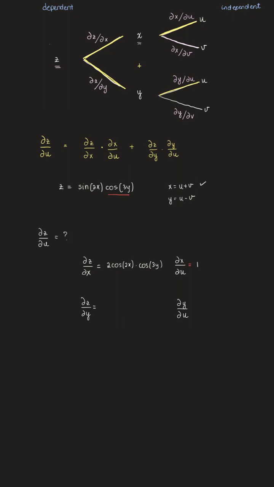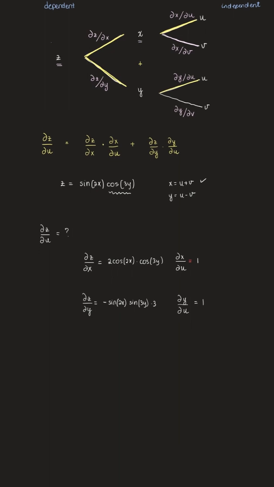Now we're holding x constant, and so we're going to have a negative sine 2x times sine 3y times 3. So we took the derivative of cosine 3y, applied the chain rule to that, and sine 2x behaves like a constant. And then the partial derivative of y with respect to u is also 1.